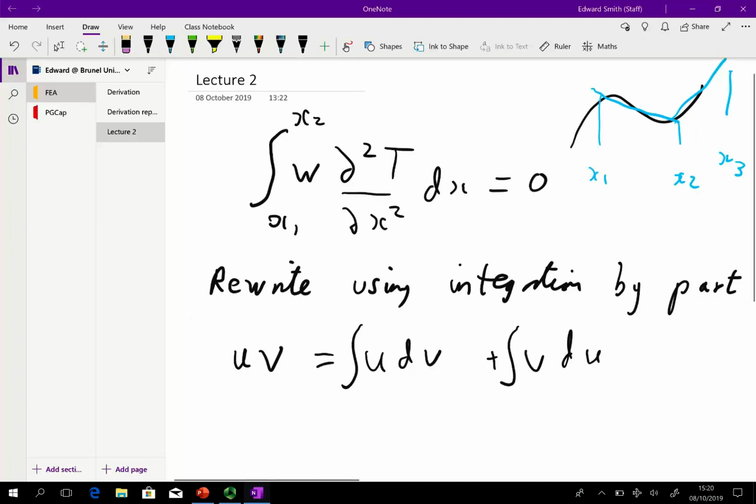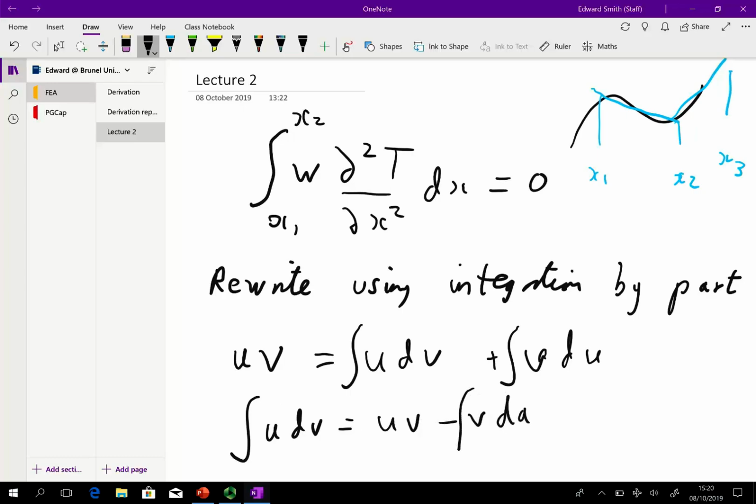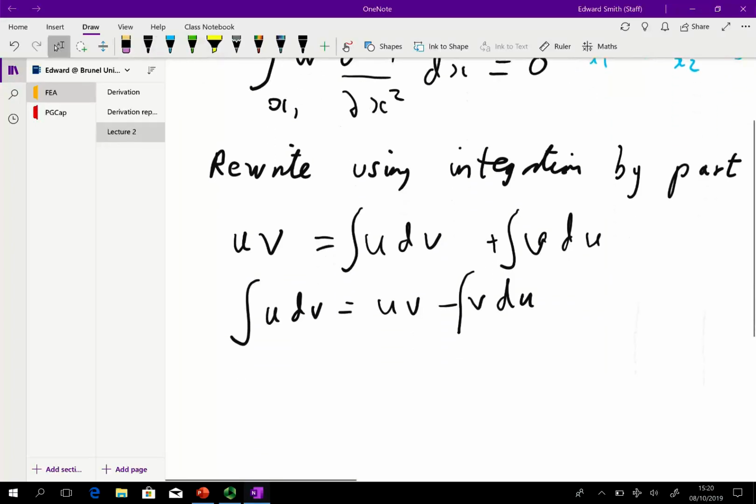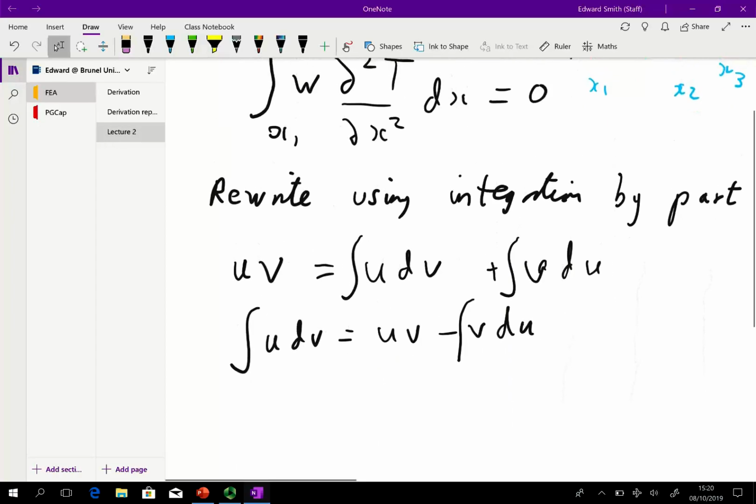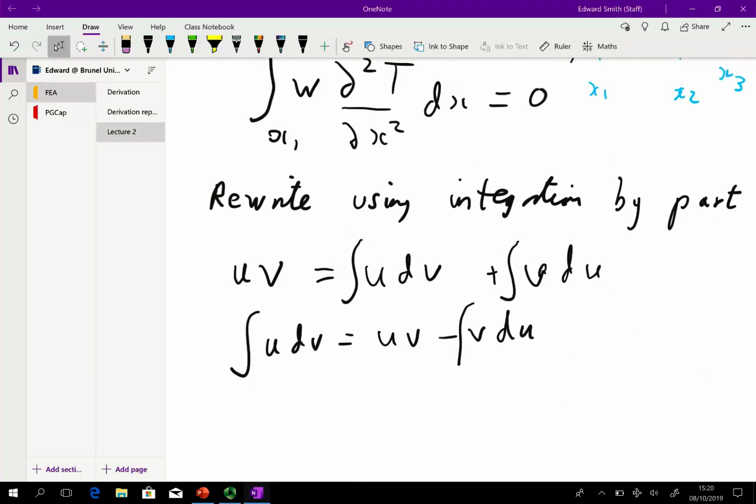And what we end up with is this expression. And then we can rearrange it. So we get the integral of u dv is equal to uv minus the integral of v du, like that. So it's just a way of rewriting the equation in terms of parts. Does that make sense?